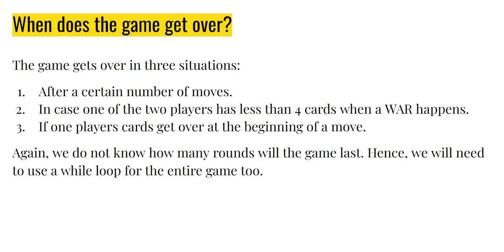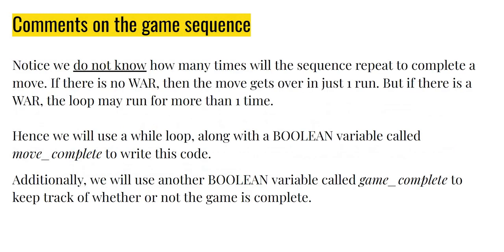There's also two other scenarios where, like I said, one of the two players has less than four cards when the war happens, or it so happens that one player's cards are gone at the beginning of the move, because the player is unable to play a move. The point is, we do not know how long this is going to take, and hence we need an entire game inside a while loop too. And that's exactly what I'm getting at. We are going to use two Boolean variables and two while loops to do this.